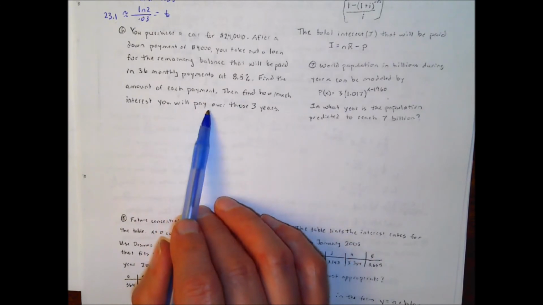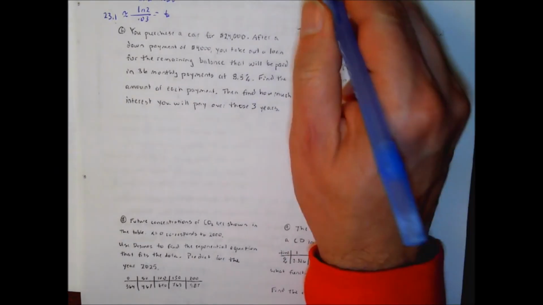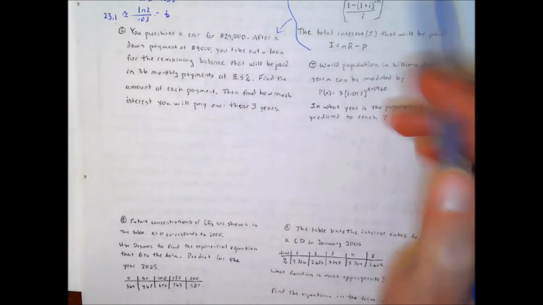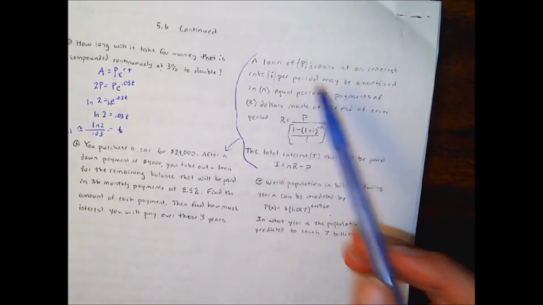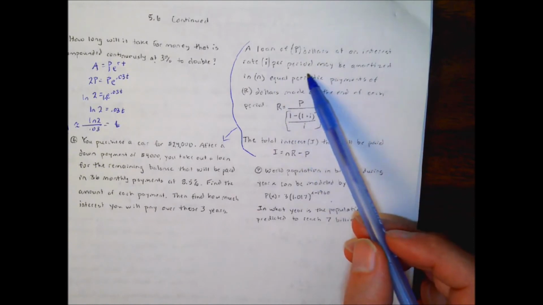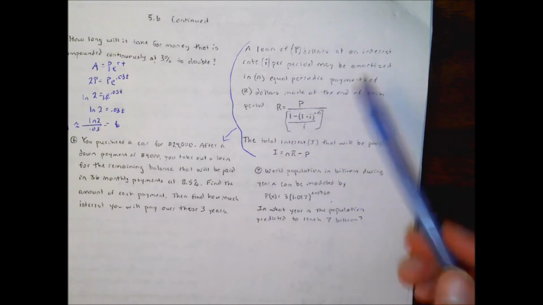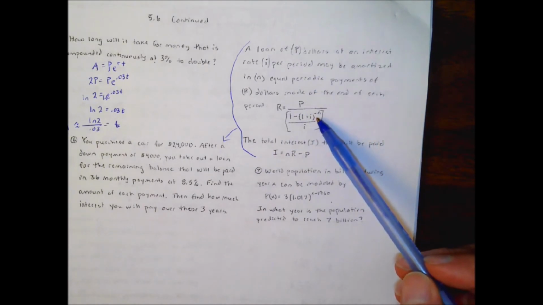So we first need this formula. A loan of dollars at an interest rate of i per period may be amortized in n equal periods. This is how they figure up your car loan or your mortgage or other things.